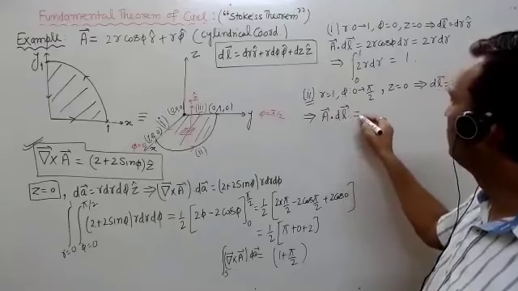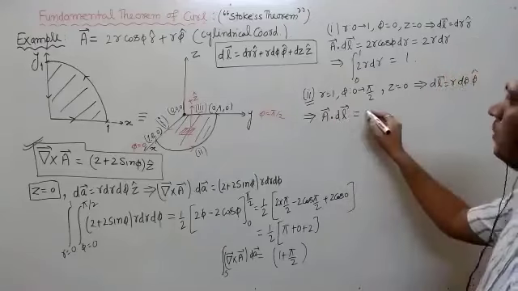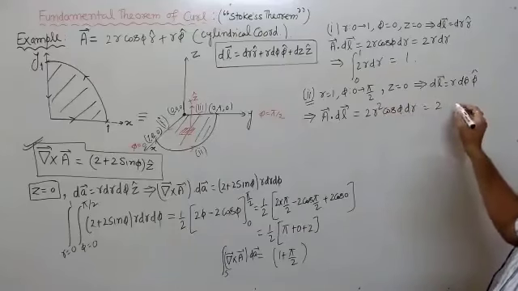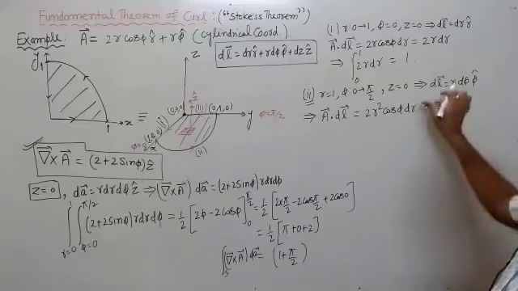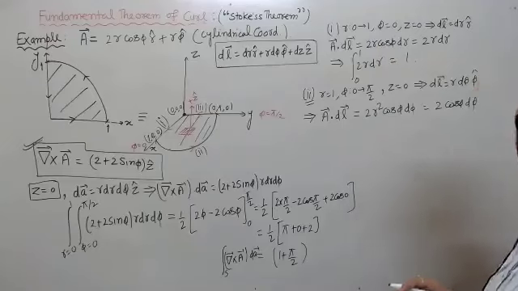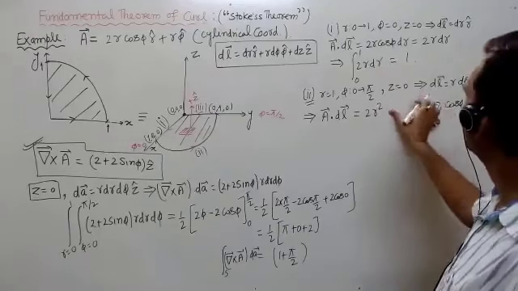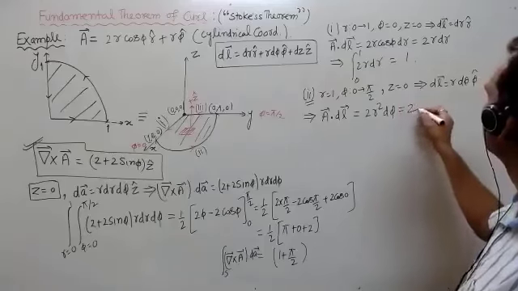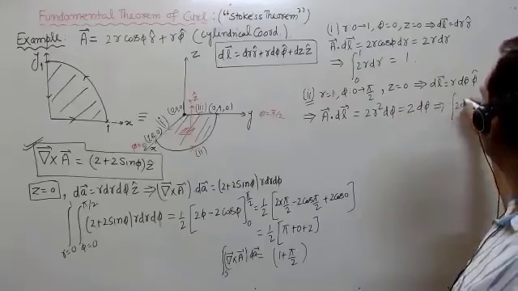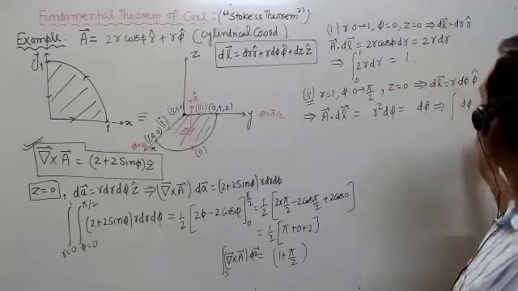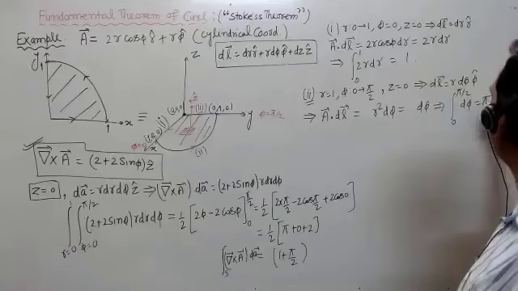A dot dl will be twice r square cos phi d phi, so you take the dot product with phi cap and only r square remains. Since r is 1, this gives r square d phi, integrated from 0 to pi by 2. So this value is simply pi by 2.